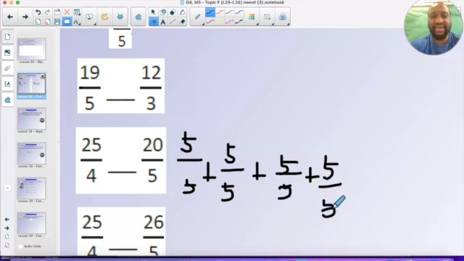So if I have 4 5/5, then it's equal to 4 wholes.